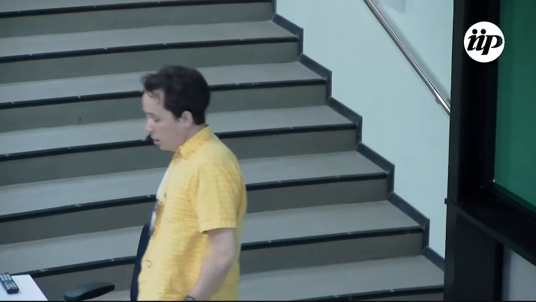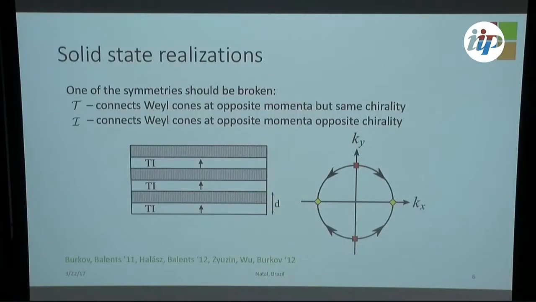Right. So now to thoughts about solid state realizations of this material. To realize a Weyl semimetal in solid state, you need to break one of two symmetries, time reversal or inversion symmetry, because time reversal connects Weyl nodes at opposite momenta but the same chirality, and inversion connects Weyl cones at opposite momenta but opposite chirality.